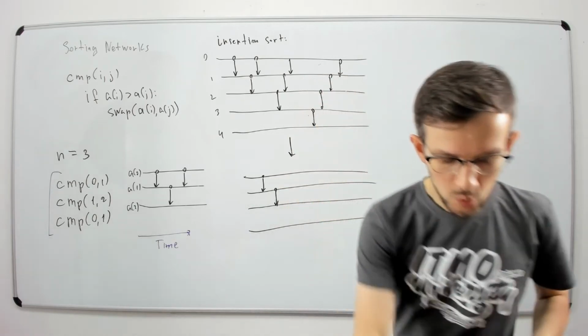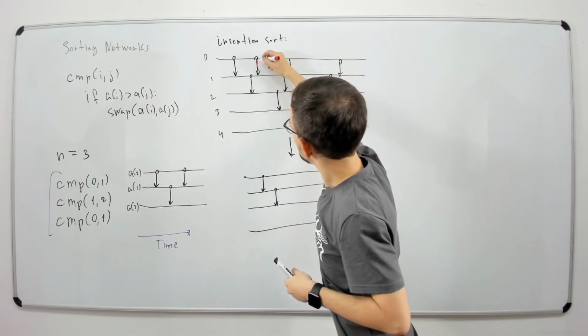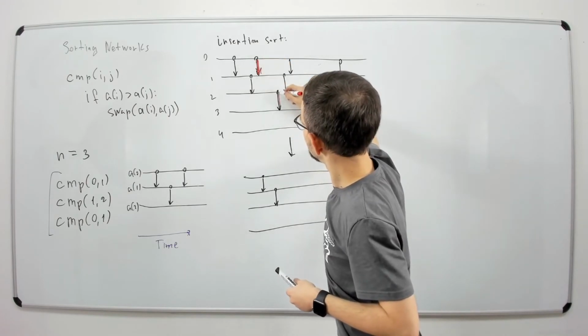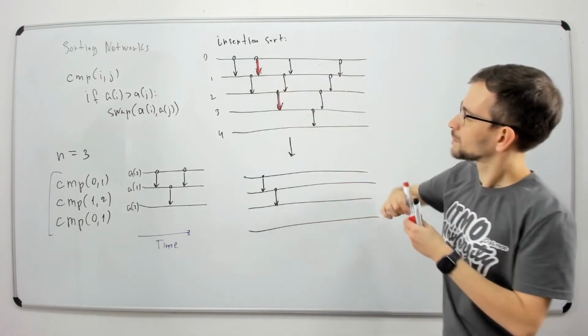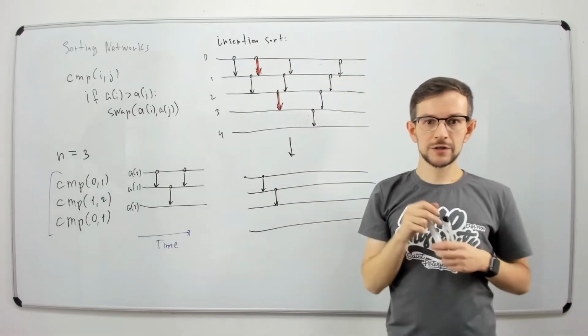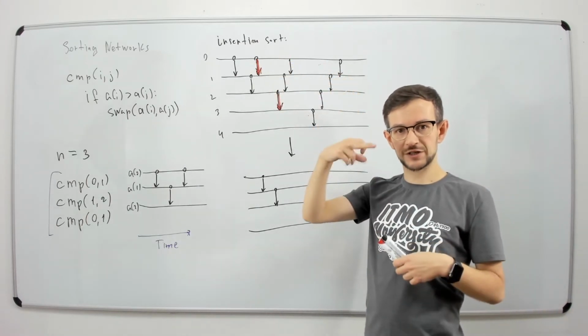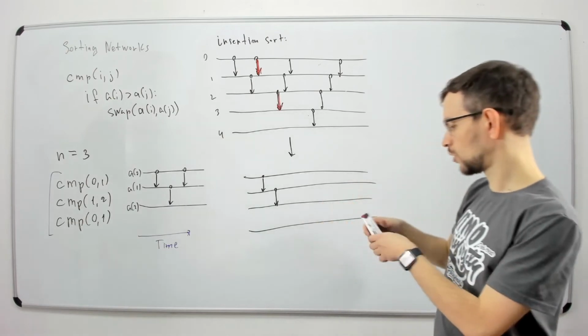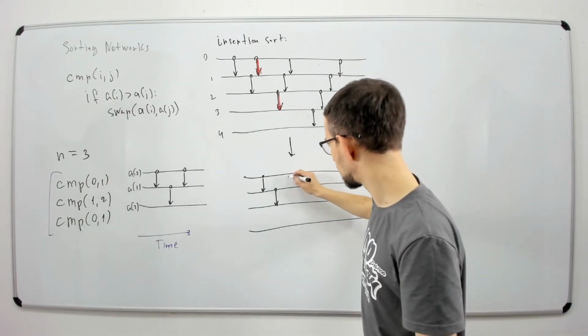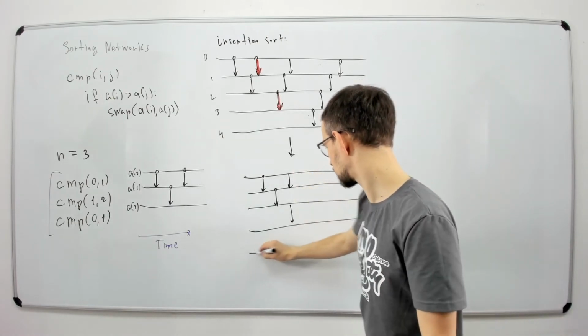And now we can make these 2 comparisons, this and this, simultaneously. So in one operation, we call this comparator and this comparator.